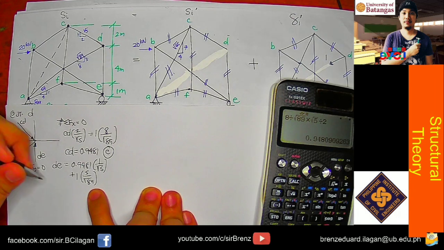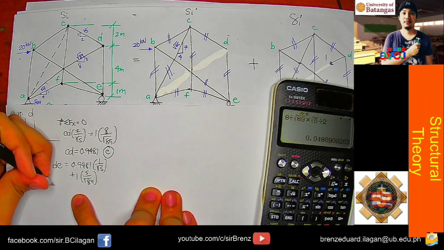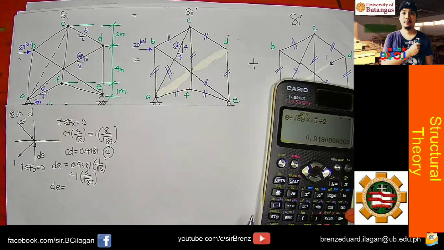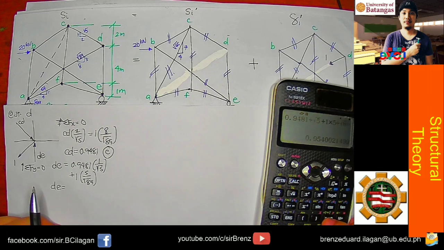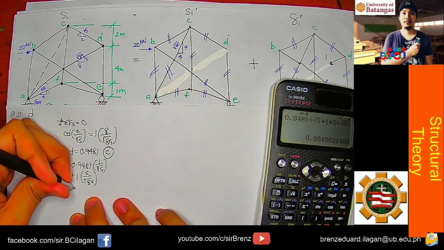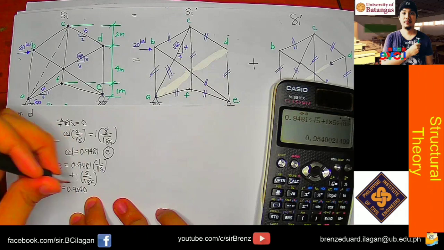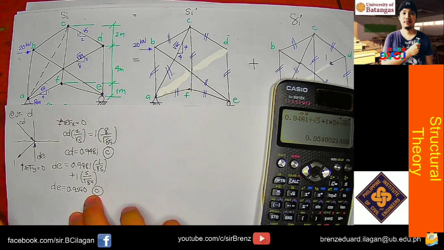So the value of your DE will be equals to 0.9481 divided by square root of 5 plus 1 times 5 divided by square root ng 89. So the answer is 0.9540. So that is also in compression.